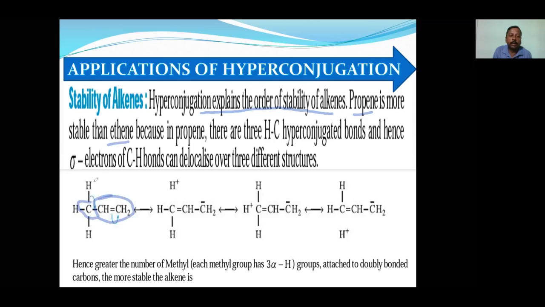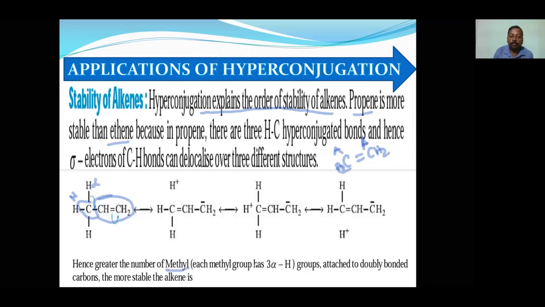The third carbon atom will be the alpha carbon and these hydrogens will be alpha hydrogens. But in ethene, you don't find an alpha carbon itself. Both are active carbons. There is no third carbon atom which can be called an alpha carbon. That's why propene is more stable than ethene.